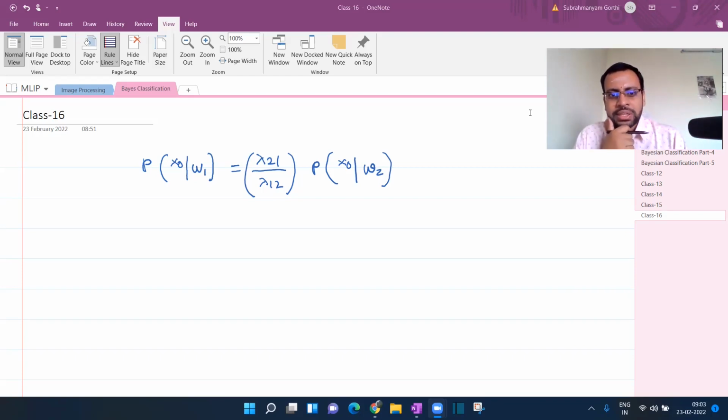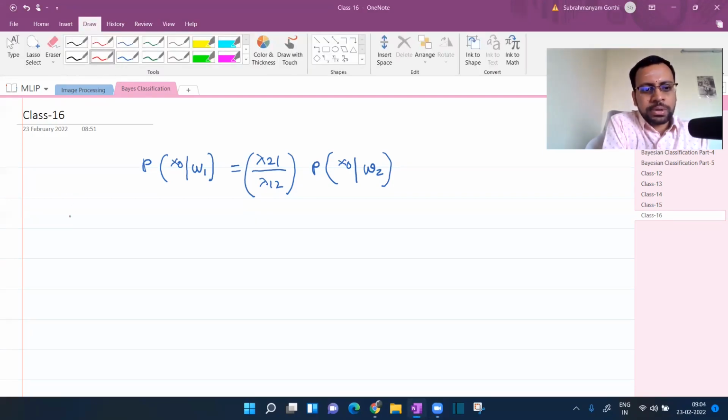And let's solve one example now, which essentially would look into this minimization of total error probability, as well as minimizing the average risk. Please also work along with me in your notebooks. So for this example, let's consider a two class problem.